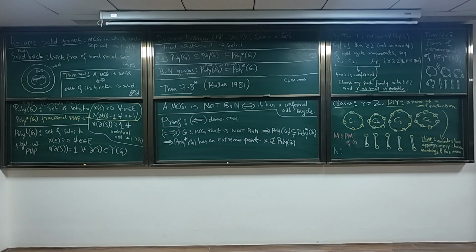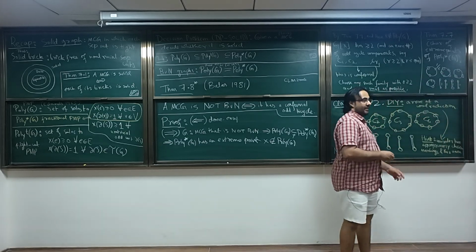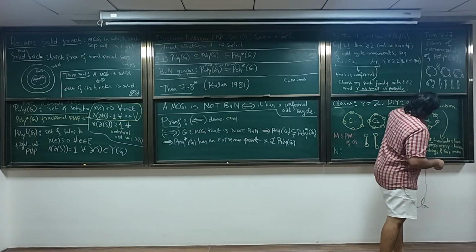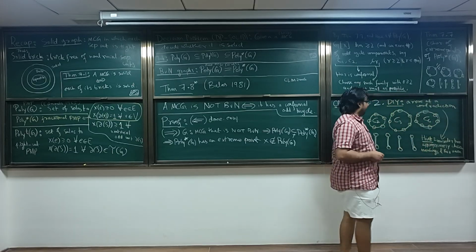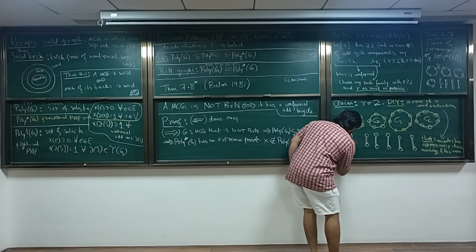Anybody else? If not, I will tell you what N is, and then you can work out the rest. Well, I'm sure there are multiple N's that work. Here is one N that works. So you took these edges. Now for one of these 4 odd cycles, I will consider any maximum matching, and this is my N, as shown.